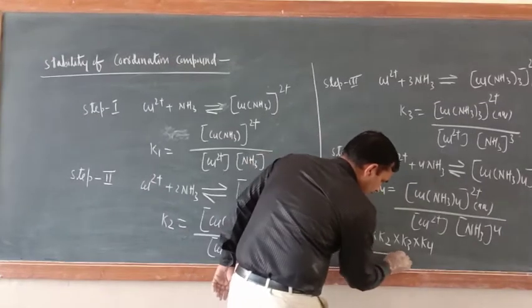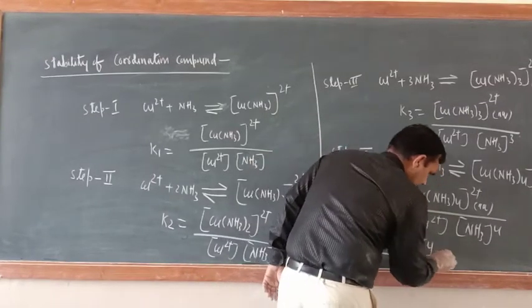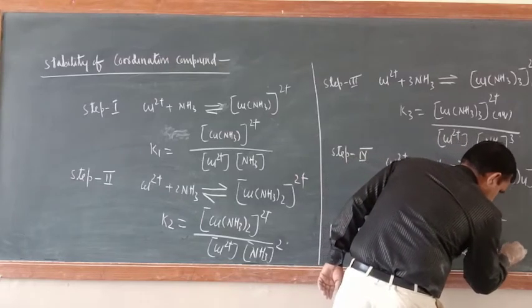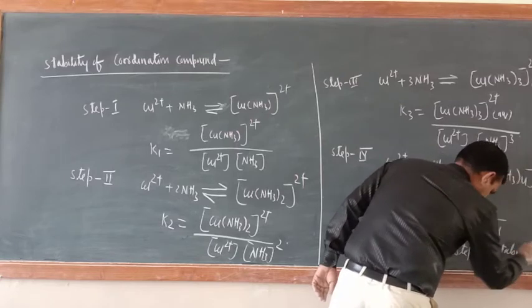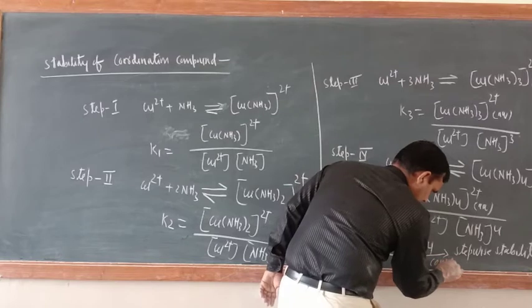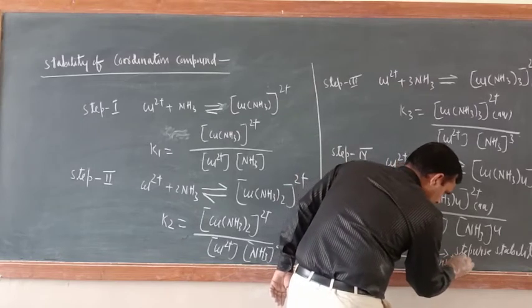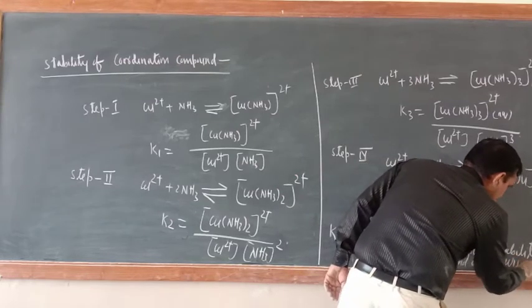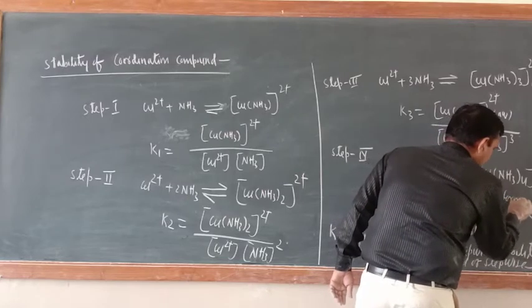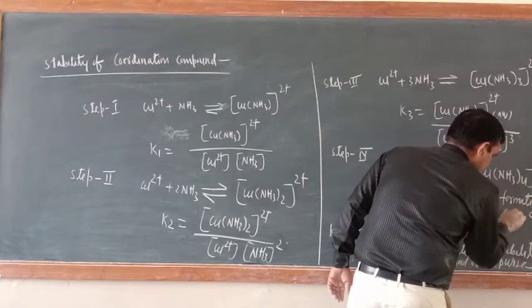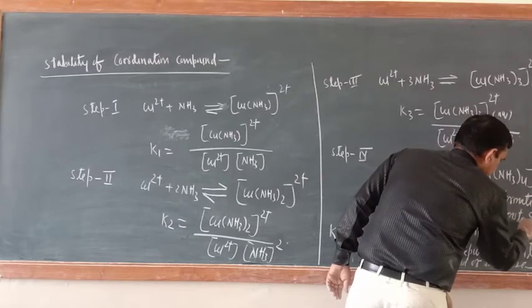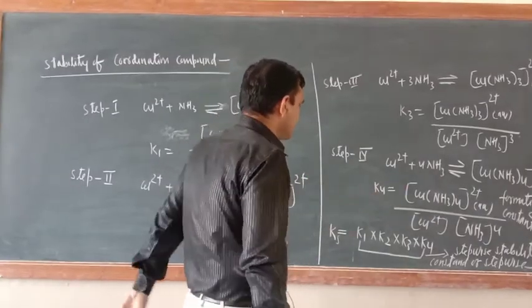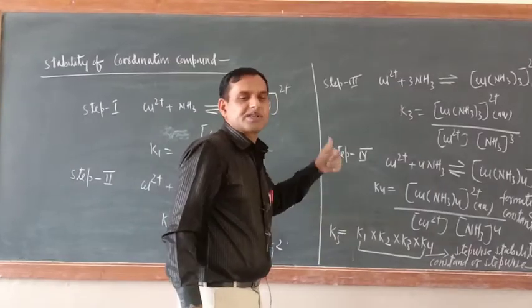So actually these are known as stepwise stability constants, or stepwise formation constants, and this Ks is the overall stability constant.